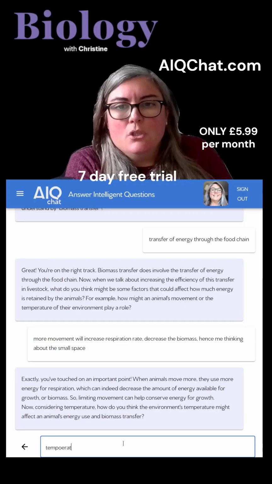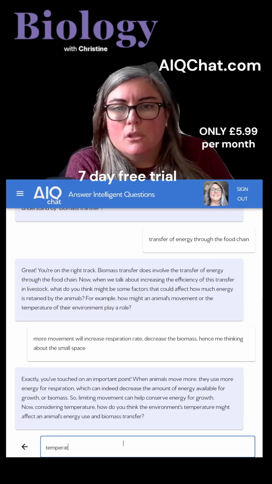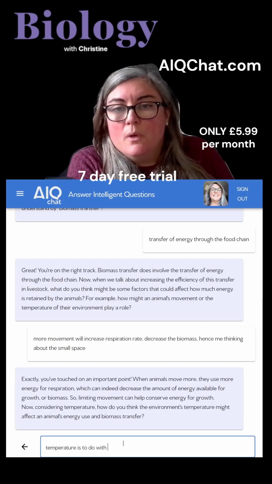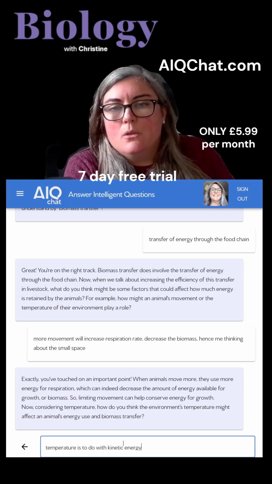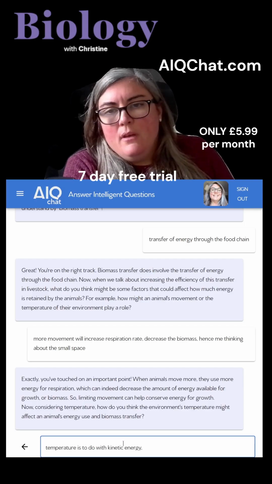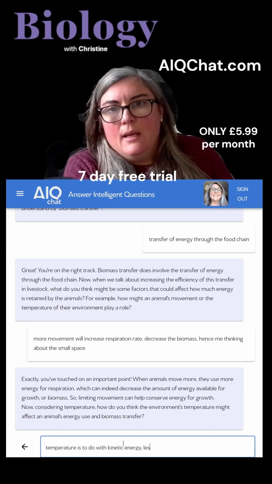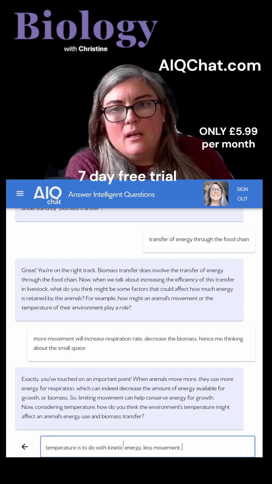So temperature is to do with kinetic energy, because I know that. So therefore, if I've got less movement, I would have less heat being released.